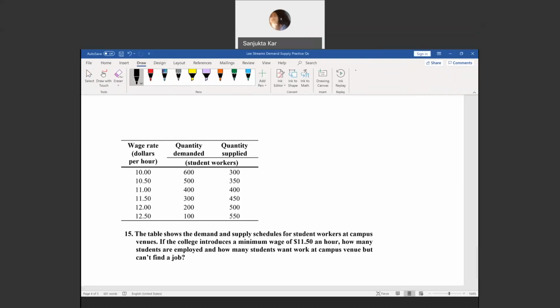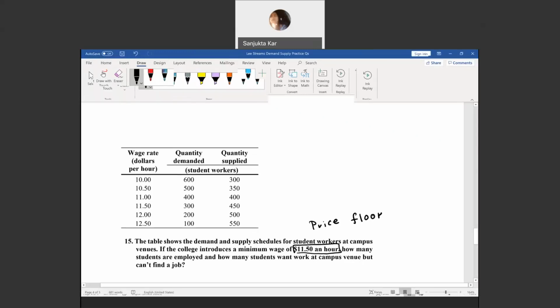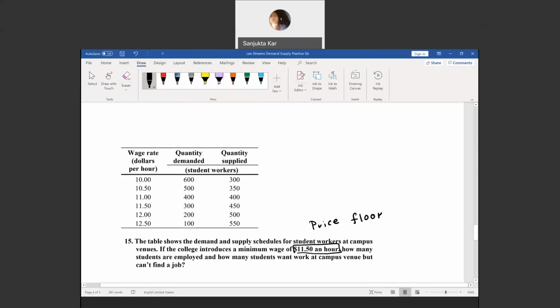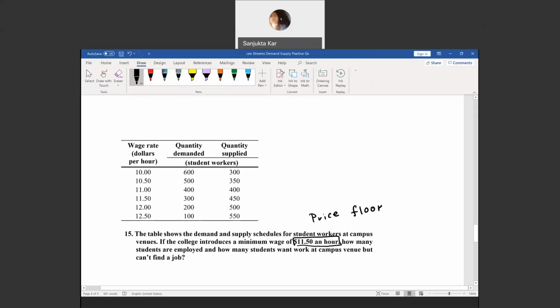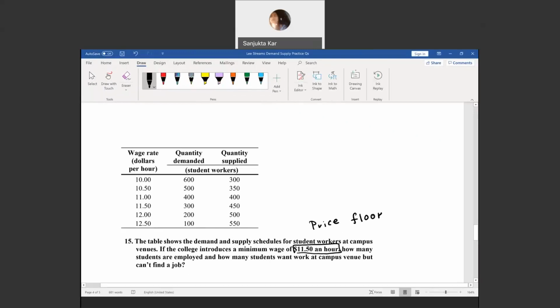Now the question is asking, the college introduces a minimum wage of $11.50 an hour. Sorry, this is basically a question on price floor.